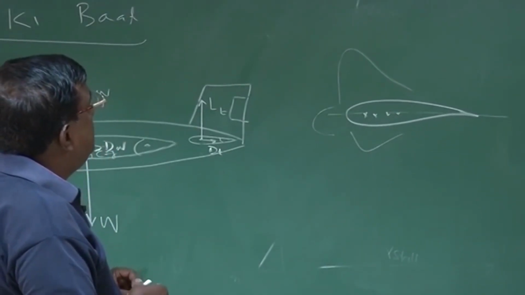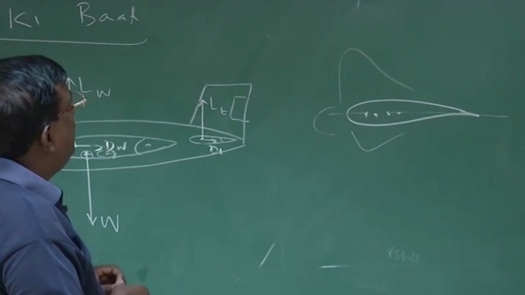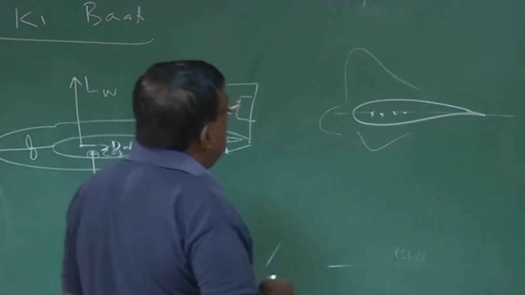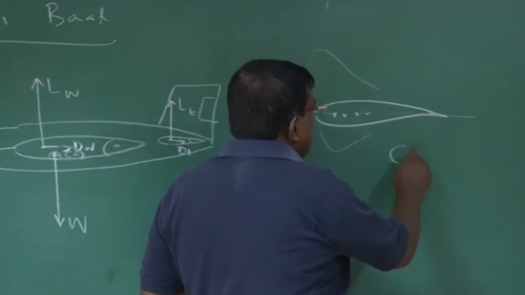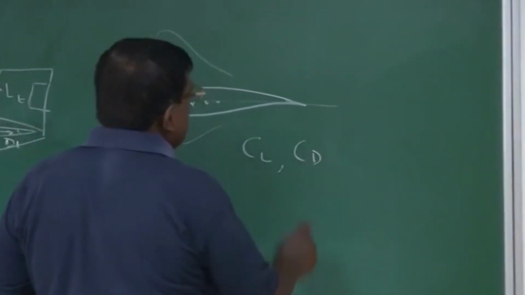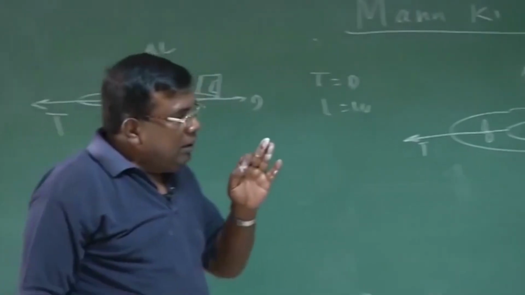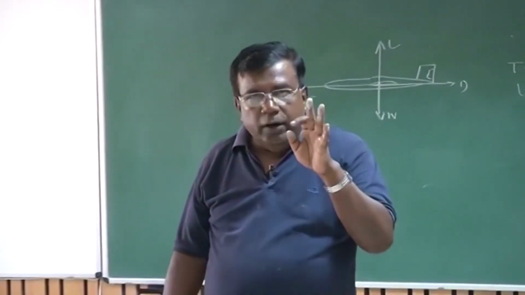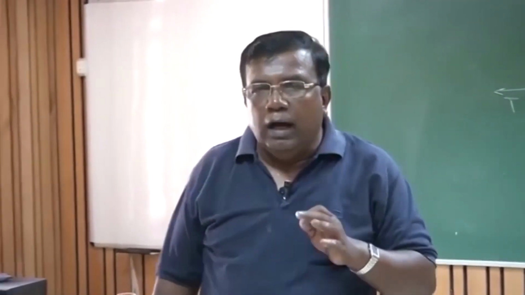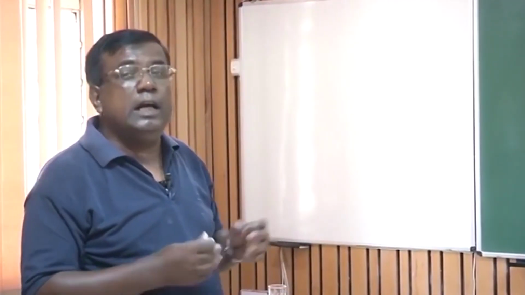Now what we do, we want to represent the CL and CD at a particular fixed point, and we ask a question, is there such a point which doesn't change with angle of attack?